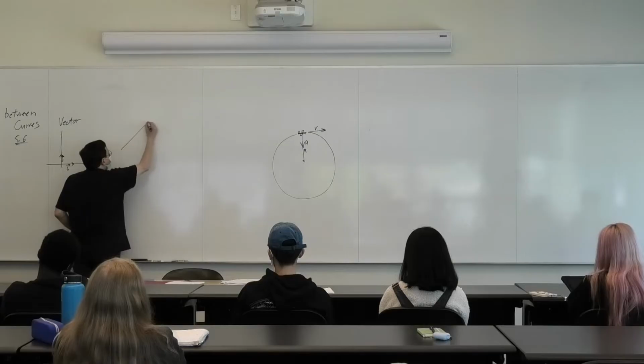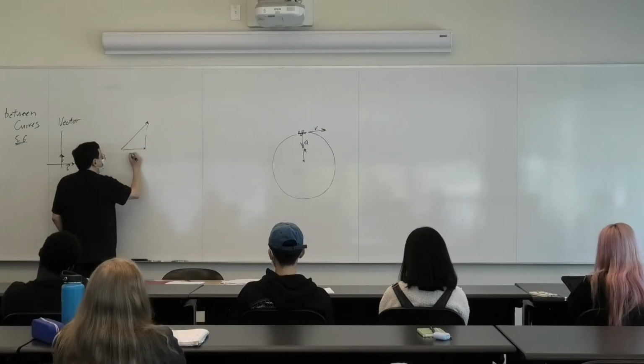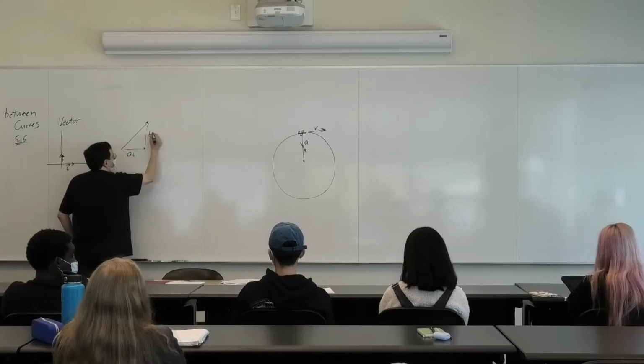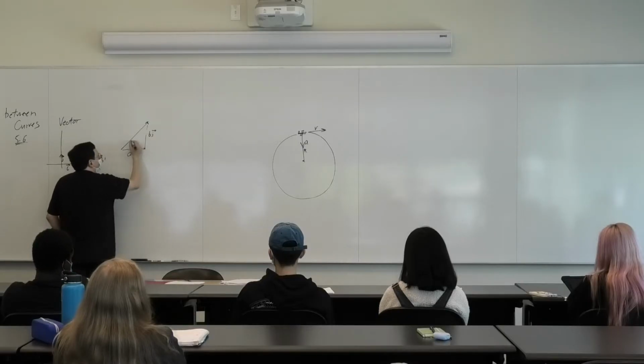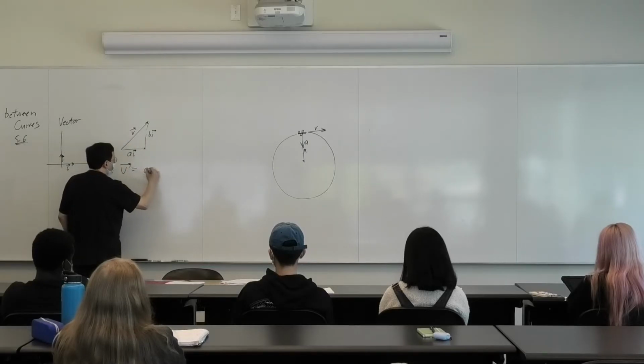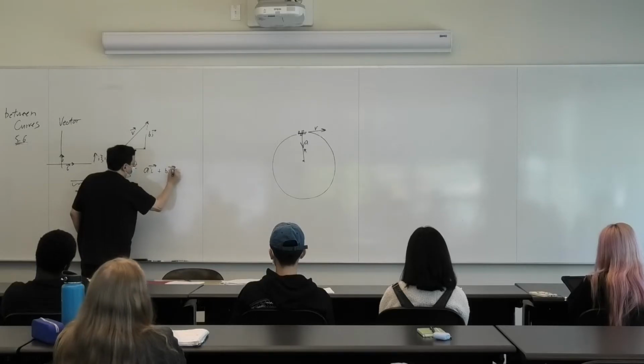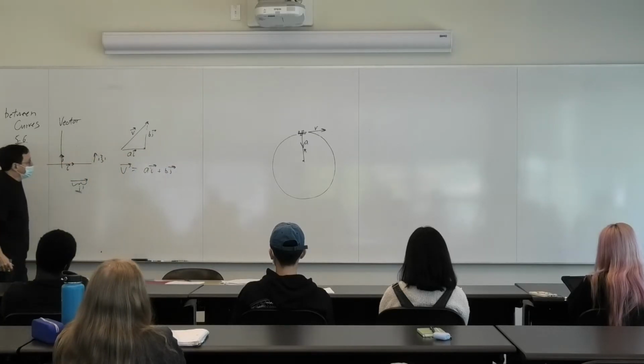We have some vector here, we can break it up into components. So this will be some number a times i, and this will be some number b times j. And our vector, whatever vector you come up with, can be expressed this way. And we call that a linear combination.